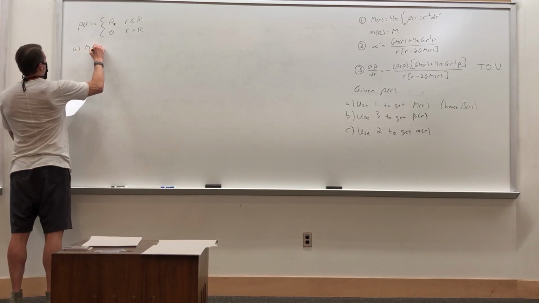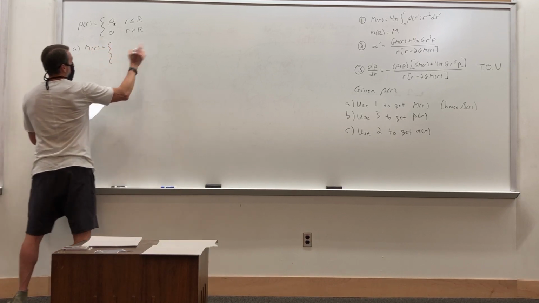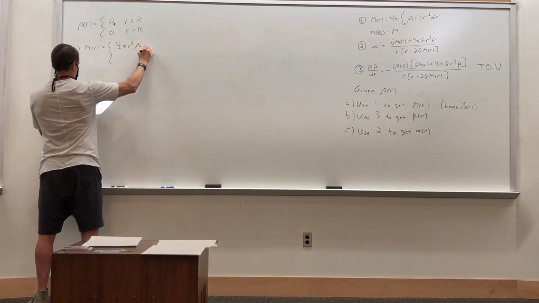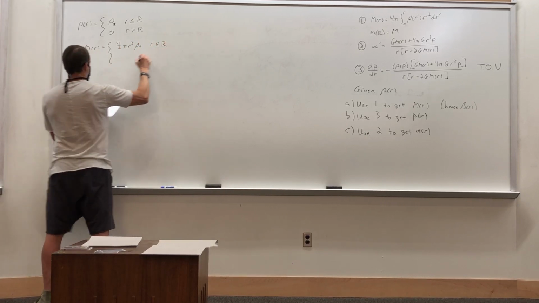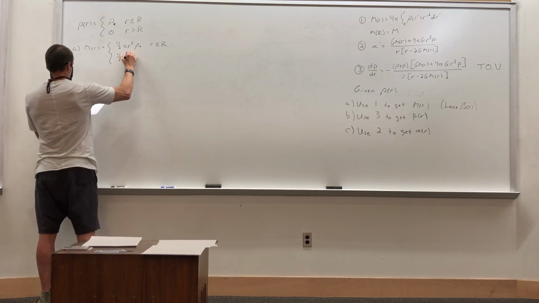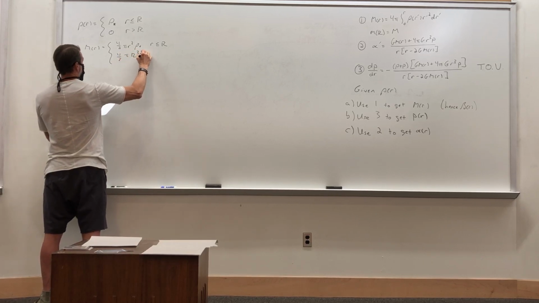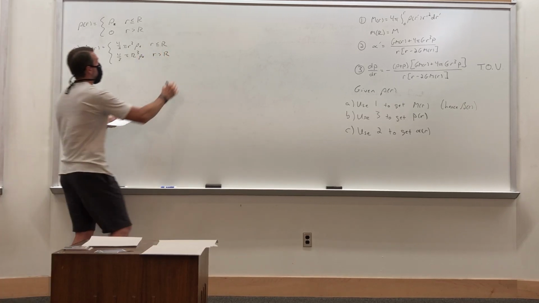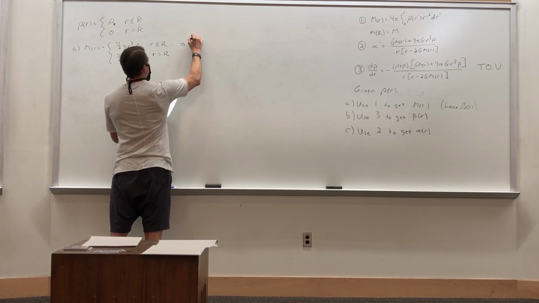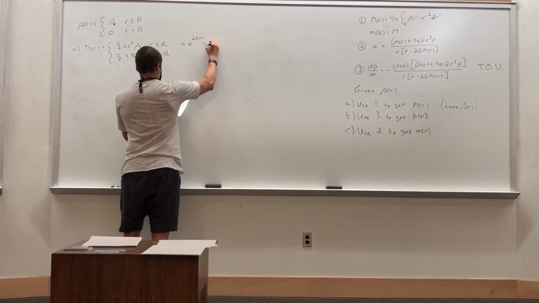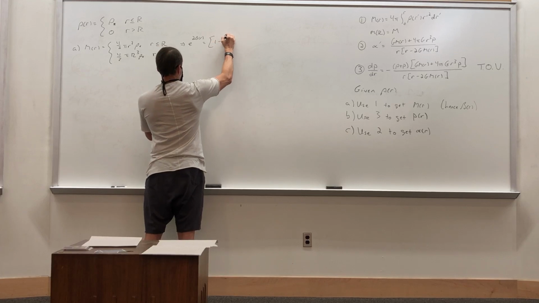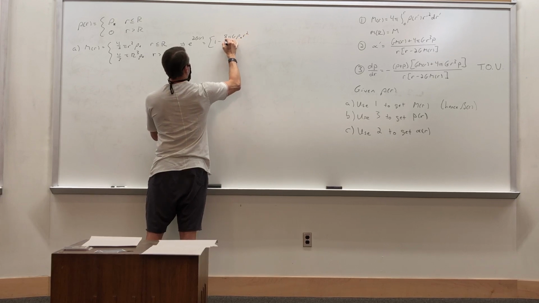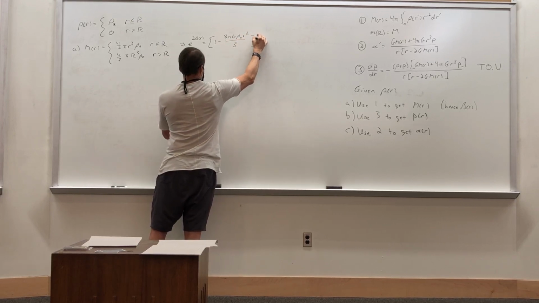First of all, m of r is pretty easy: 4/3 pi r cubed rho star for r less than or equal to R, and of course 4/3 pi R cubed rho star for r greater than R. And this will give us e to the 2 beta, which is just going to be (1 minus 8 pi G rho star r squared over 3) to the minus 1.